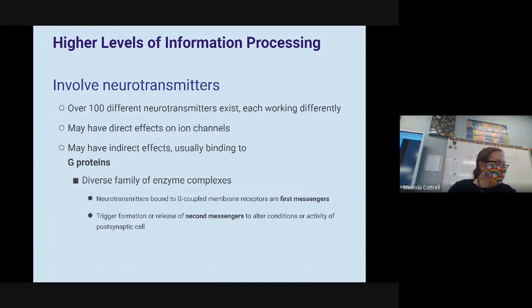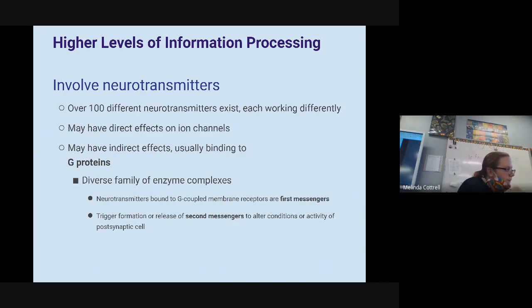Information processing also includes the neurotransmitter. So if you just take a look at 428 for a second here, and take a look at some of the words, some of the neurotransmitters, you might actually be familiar with some of them. Hopefully you're familiar with acetylcholine, since I've said that a million times.